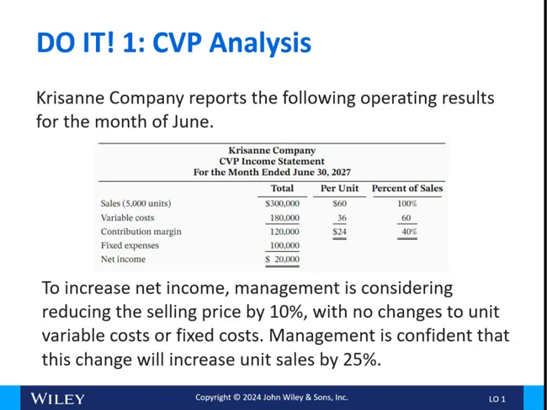To increase net income, management is considering reducing the selling price by 10% with no changes to unit variable cost or fixed costs. Management is confident that this change will increase unit sales by 25%.